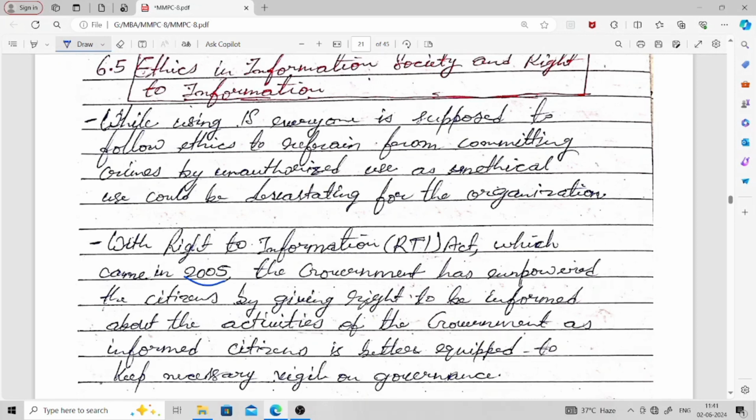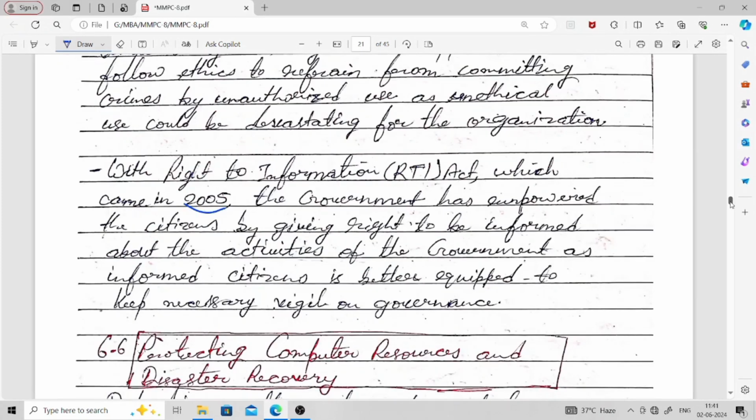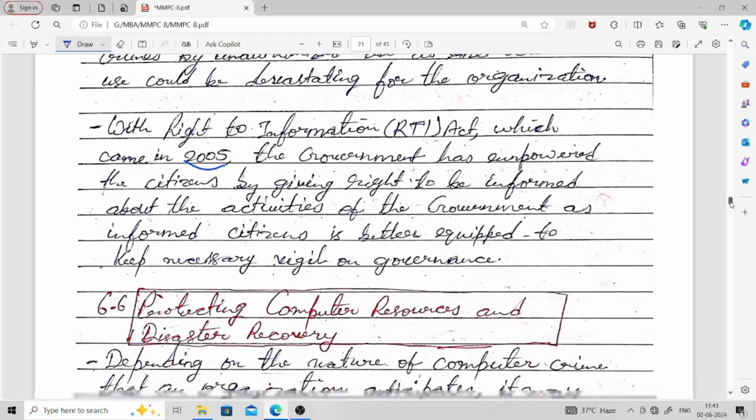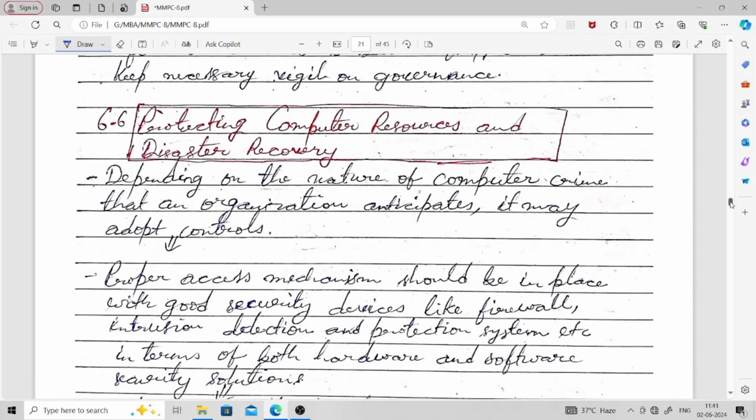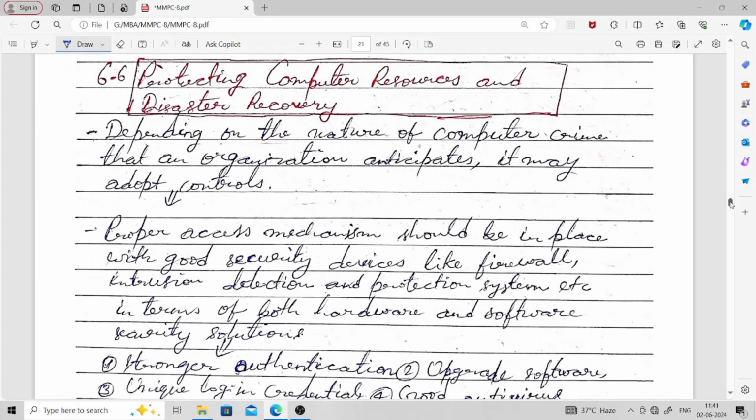So it means with right to information, we can get any kind of information regarding government activities, and if we are better informed about the governance of the government, then we are able to take better decisions regarding it, and we can keep the government accountable for their work.